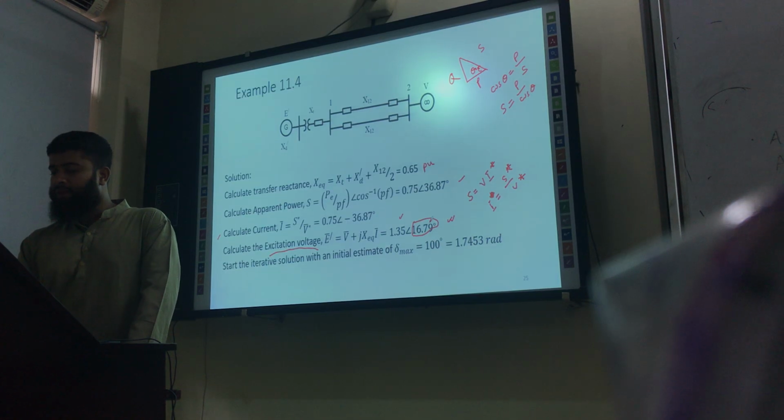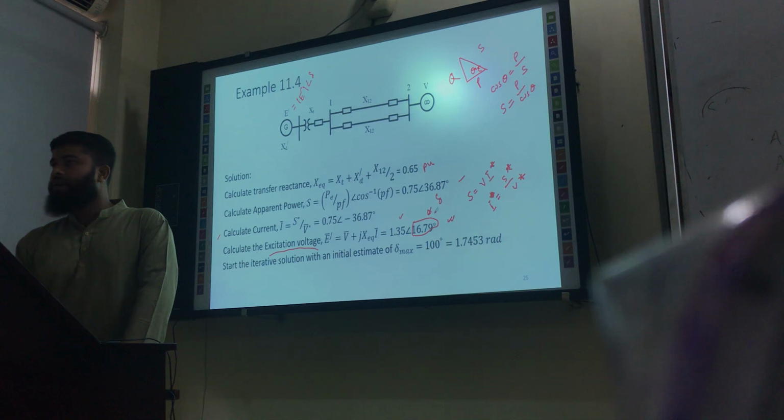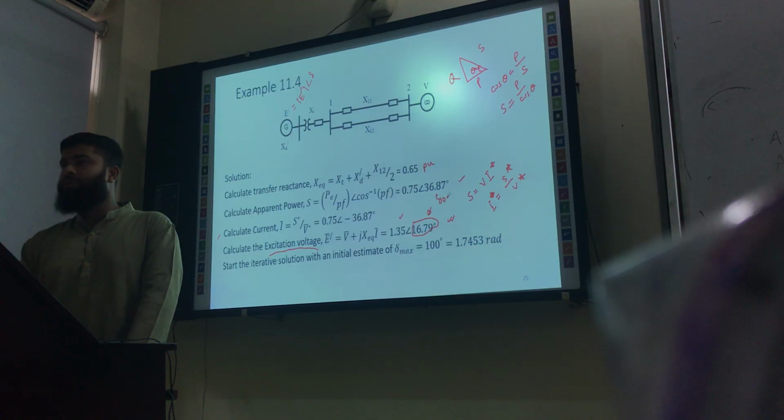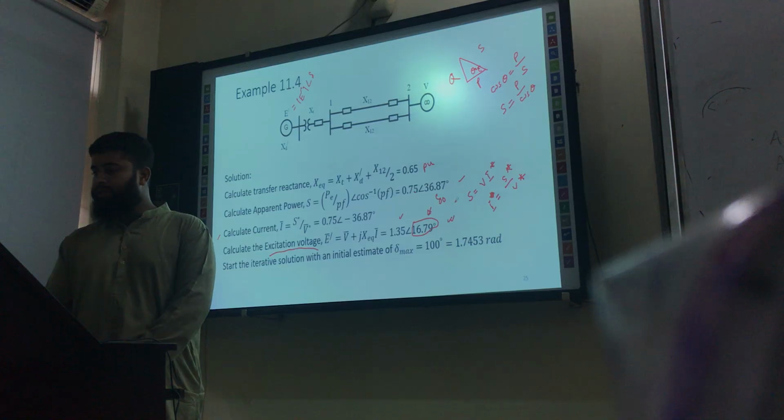Which parameter is represented by this angle? This is actually the delta, right? Because this E means the magnitude of E prime and the angle of delta. This is the angle delta. And as this is the calculation at the initial stage, this is actually the delta naught, right? So we have calculated the delta naught.